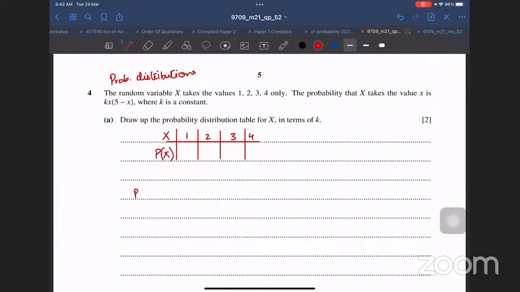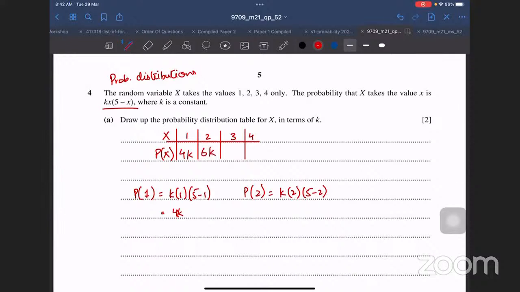Okay, in order to calculate x equals 1, what I'm going to simply do is use this function. k times (5 minus 1) gives me 4k. Similarly, 2 is k times (5 minus 2). That gives me 6k.